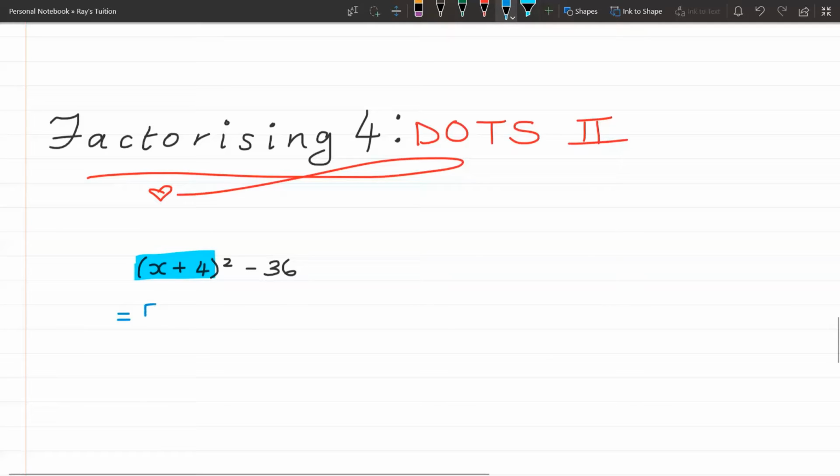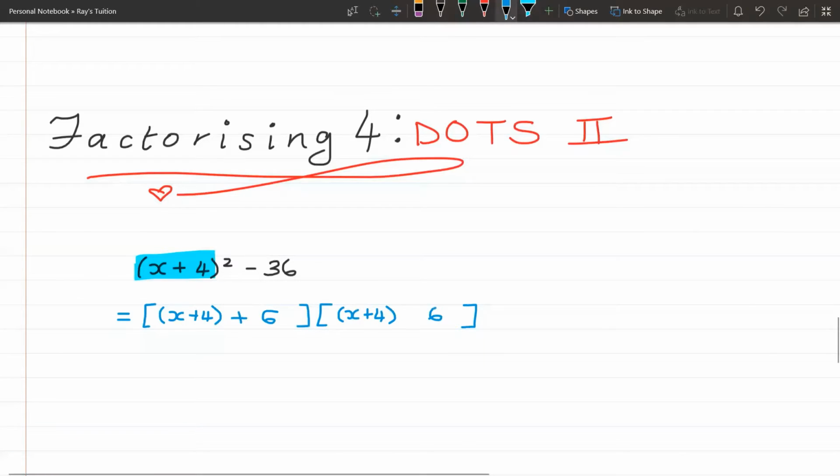It's again the same method. We're going to get two brackets. I'm going to use square brackets in this case. And then what we put is the square root of the first term in each bracket, and the square root of (x + 4)² is just x + 4. And then we put the second term's square root in each bracket. So the square root of 36 is 6.